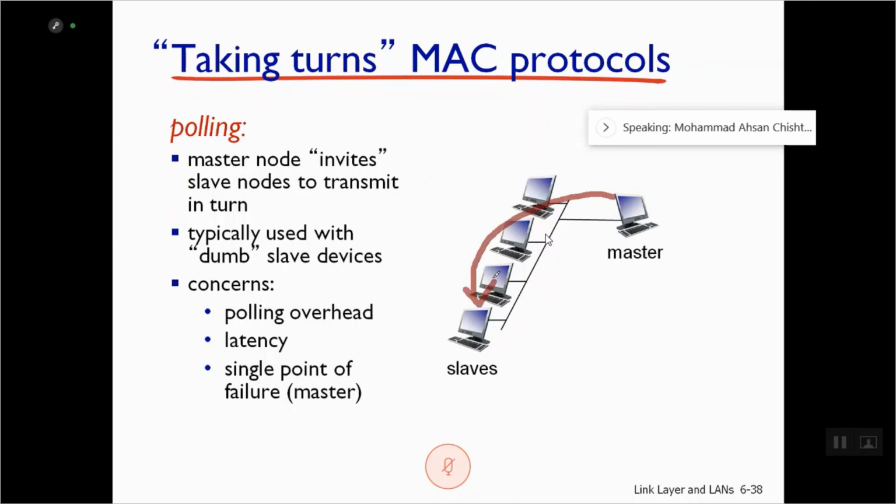So the polling protocol eliminated collisions, that was good. It eliminated empty slots as well, so it had a better efficiency. But with some advantages, obviously expect some disadvantages as well, like polling overhead. What is polling overhead? We would require each of the nodes to be notified whether they have to send or not.